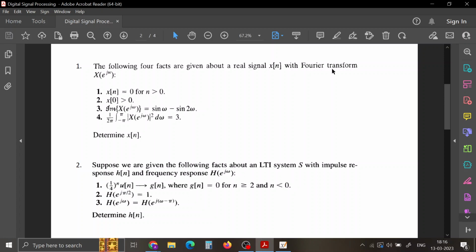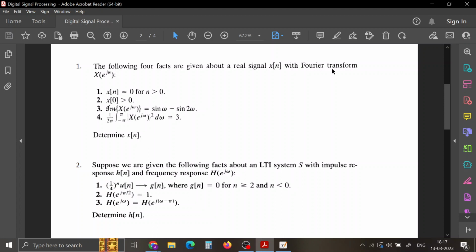We have been given the imaginary part of the Fourier transform and some conditions on x of n as well. You see x of n is 0 for all positive values of n, that is for n equals 1, 2 and so on, it is just 0.